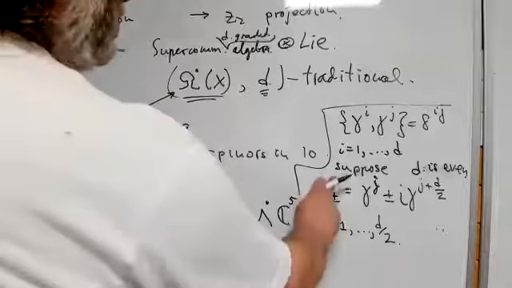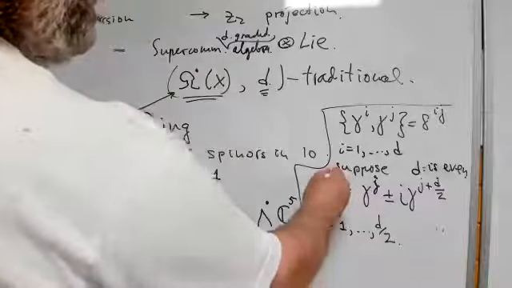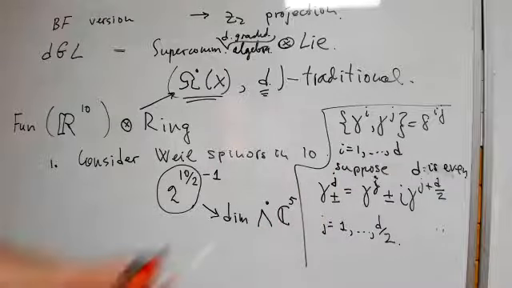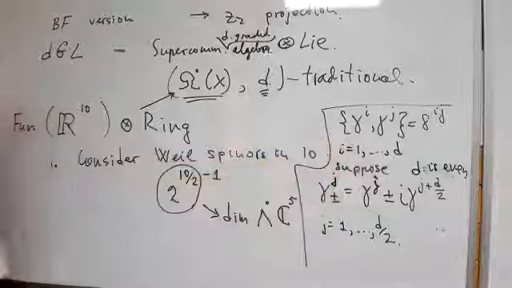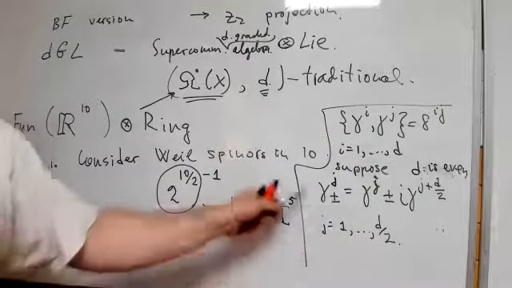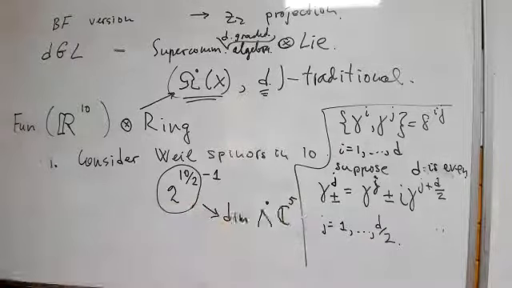So instead of D gamma I's, I have D over 2 gamma J pluses and D over 2 gamma J minuses.